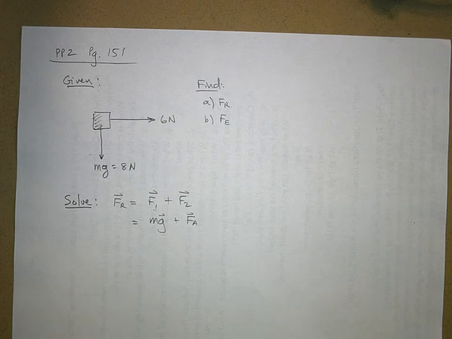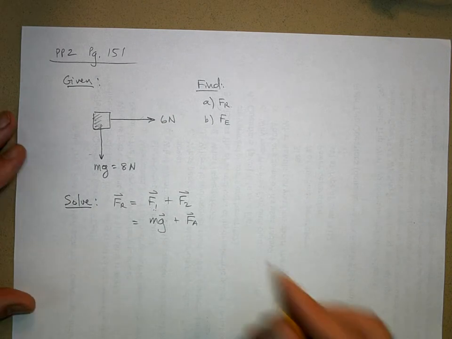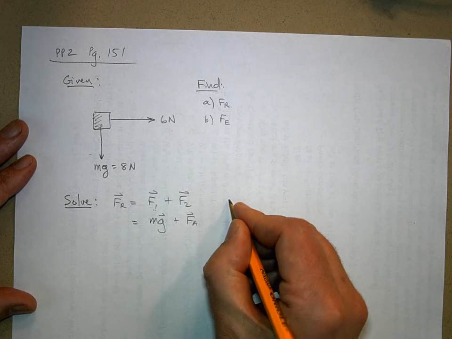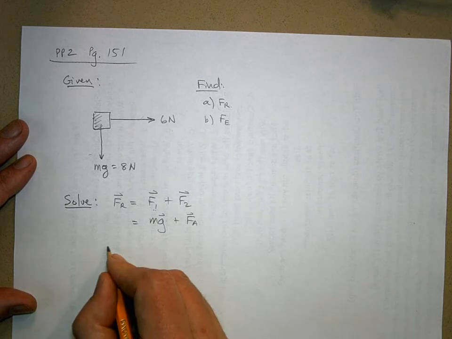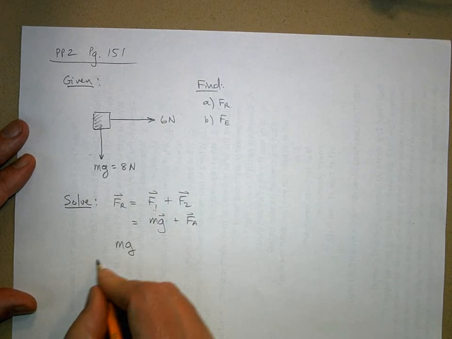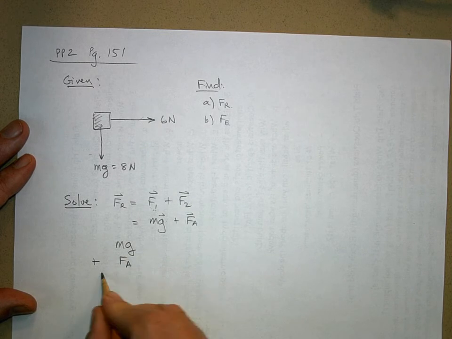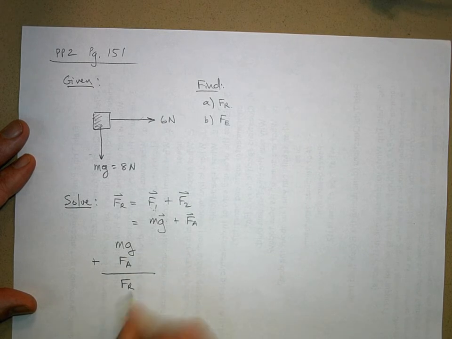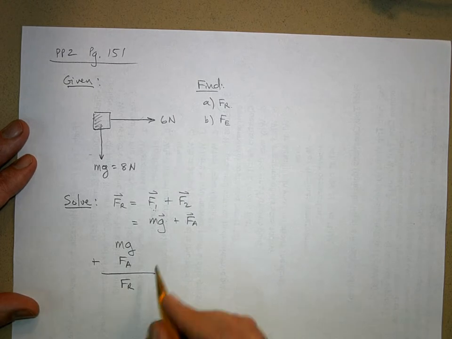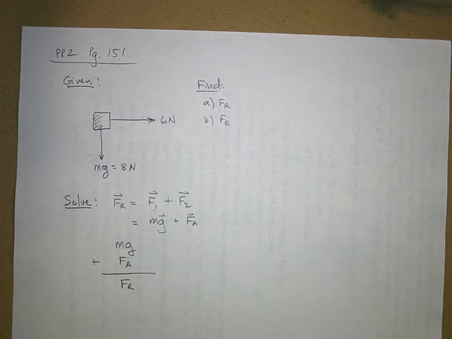But remember, this is a vector equation, so let's add them up. mg plus the applied force is equal to my resultant force. But I've got to get these in rectangular coordinates before I can add them. Whenever you add vectors, put them in rectangular coordinates.